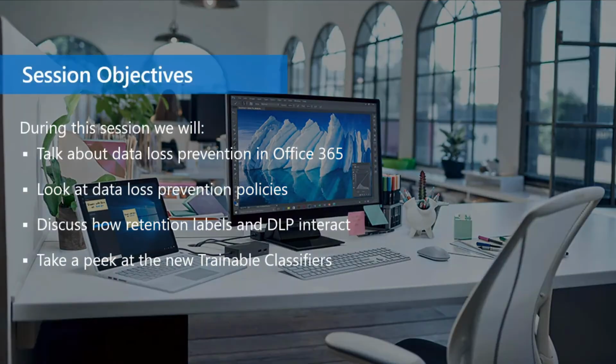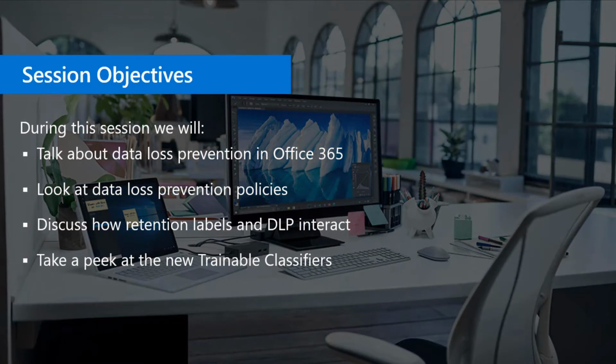A little agenda for today. I'll talk about data loss prevention. I'll look at the policies which you can set for data loss prevention. I'll show you how you could use retention labels and data loss prevention policies. And I'll also give you a sneak peek at the new trainable classifier model which Microsoft announced during Ignite last year.